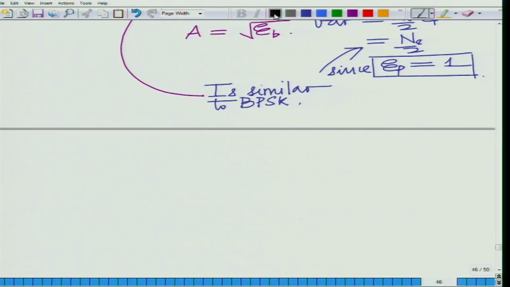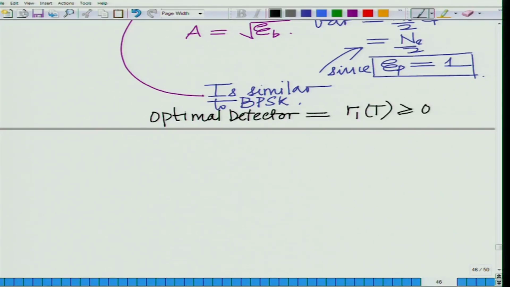Okay. And therefore, the optimal detector is again the simple threshold based detector, which is basically R1 T greater than or equal to 0.